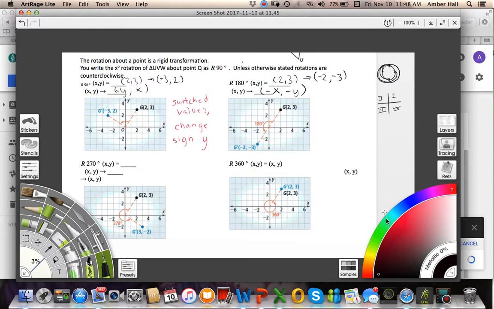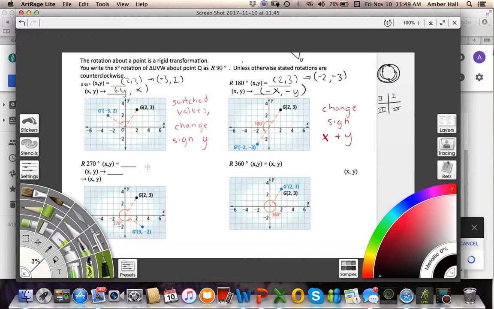So all I'm doing is changing the sign of x and y. Okay? So both of them were positive, and now they're negative. If they started as negative, they're changing to positive. Now, we've already written these rules on your flashcard, so if you look, you can see that the counterclockwise rotation of 180 degrees goes from x, y to negative x, negative y.